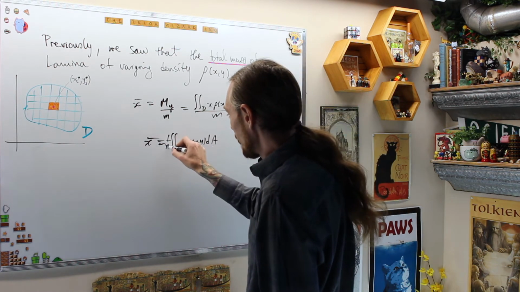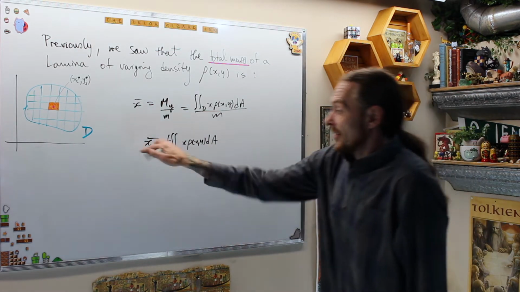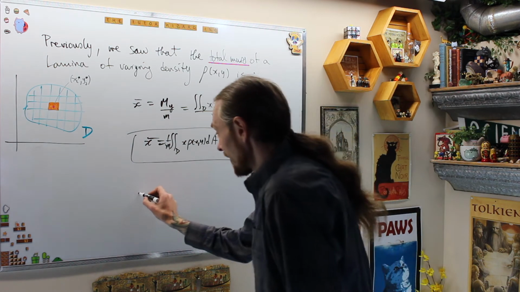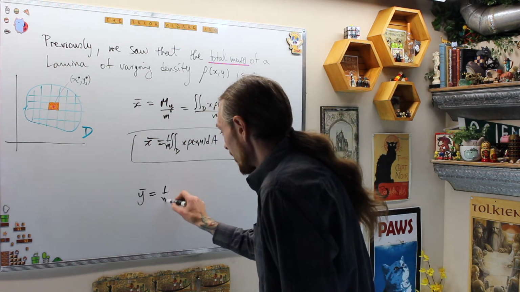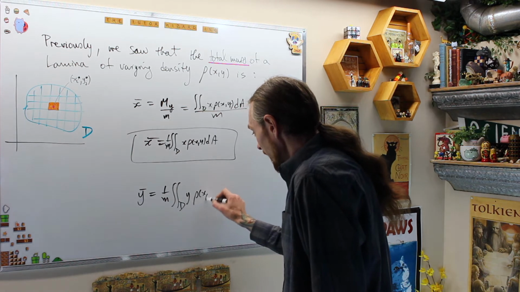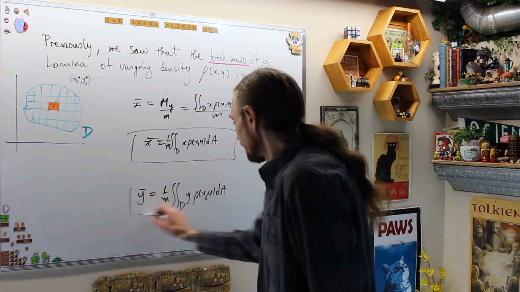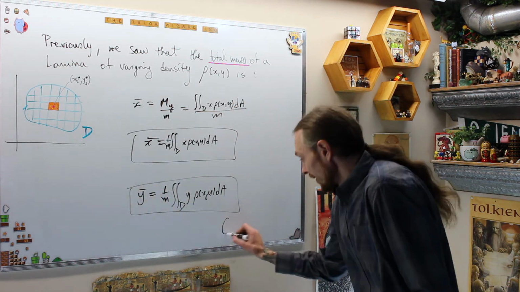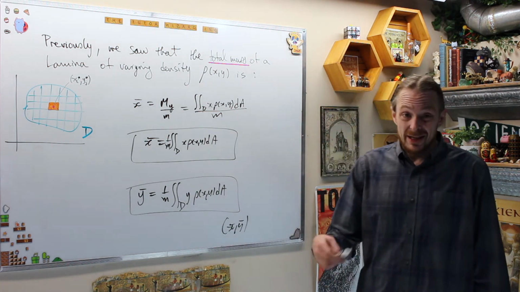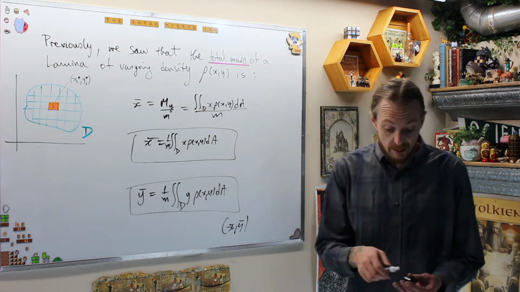And similarly, y bar is equal to 1 over m, the double integral of y rho(x,y) dA. And then (x bar, y bar) is the center of mass of that lamina of varying density. Now let's do some problems.